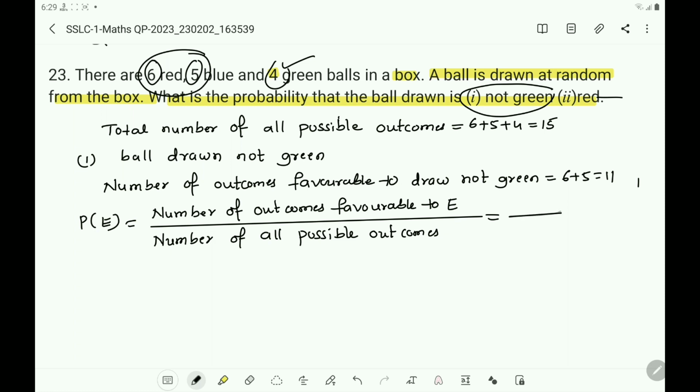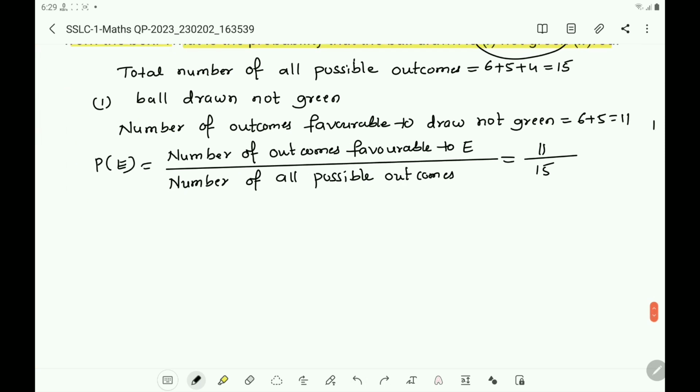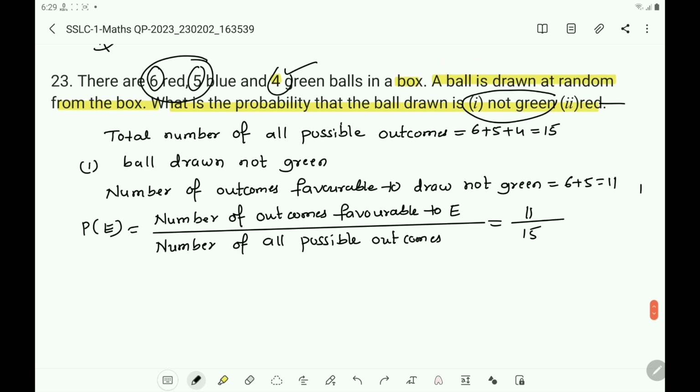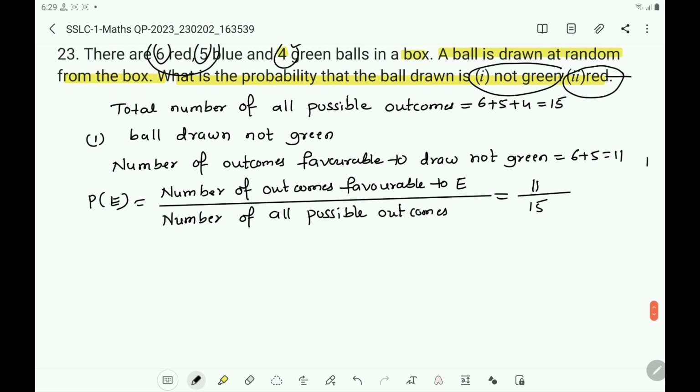And in the numerator, number of outcomes favorable to E is 11 and total number of all possible outcomes is 15. So the probability of E is 11 by 15. Then you take the next one. What is that? Probability of red ball. So you take second one, ball drawn is red.